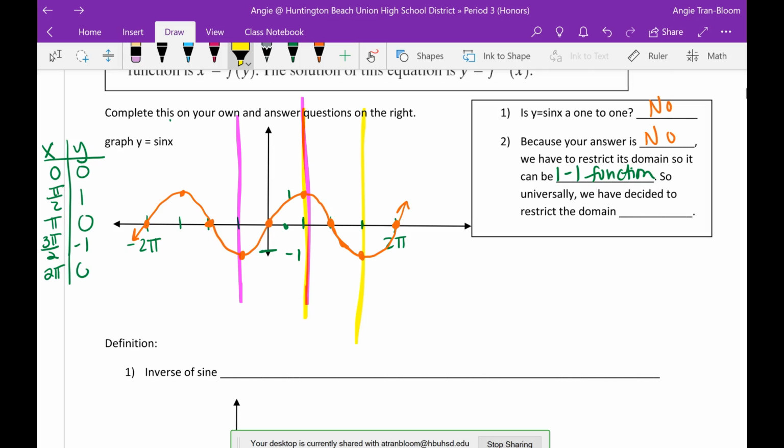The pink interval or the yellow interval? Why is pink easier? It's in the center. A little bit of positive, a little bit negative. There's a zero value that's always easy to calculate. So that's why universally they said, I'm going to limit this from negative pi over 2, inclusive, all the way to positive pi over 2.